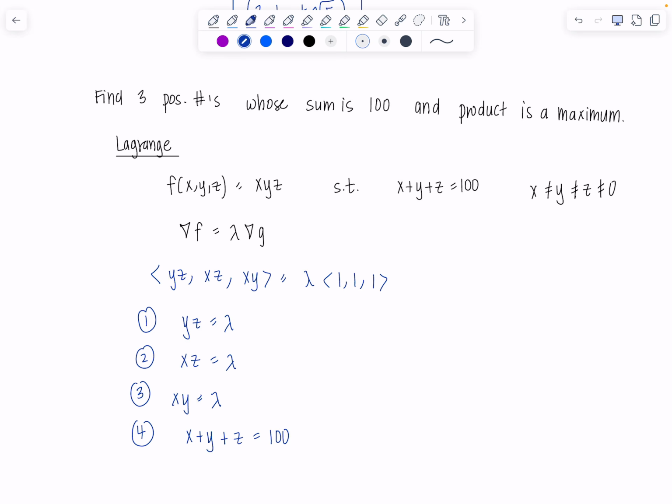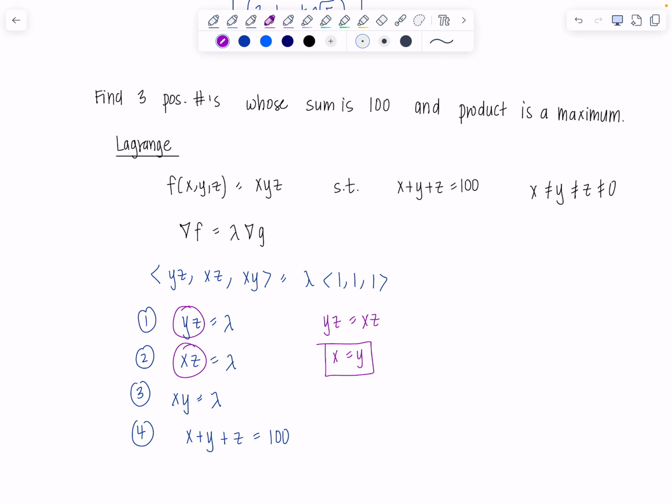Okay, so look, I'm going to do something crazy. Are you ready? We can just set 1 equal to 2, yz equals xz, and I can cancel the z out because I know z can't be 0, so x equals y.